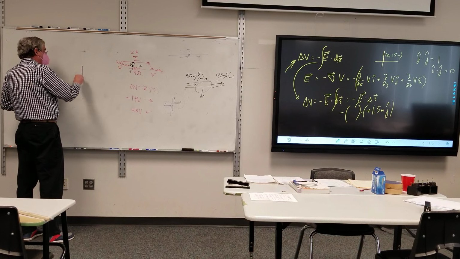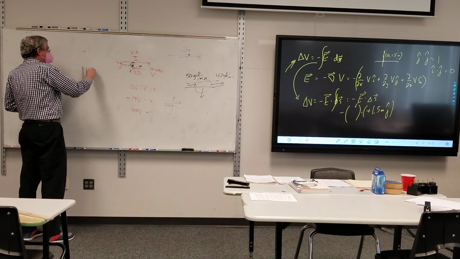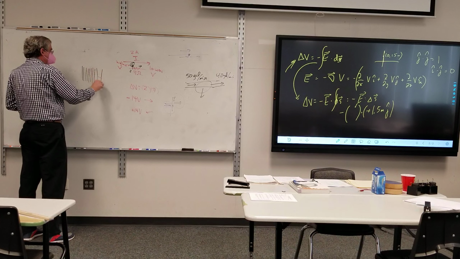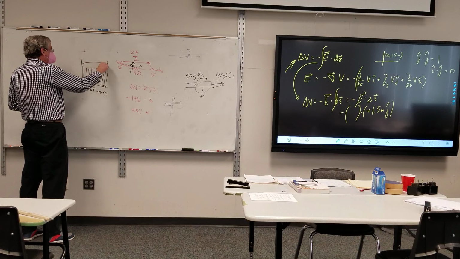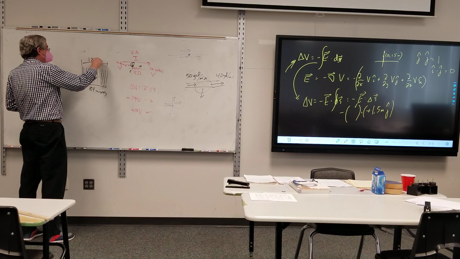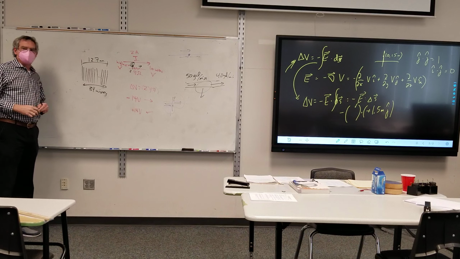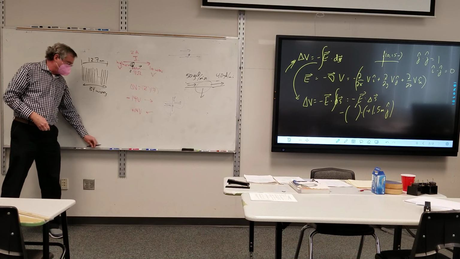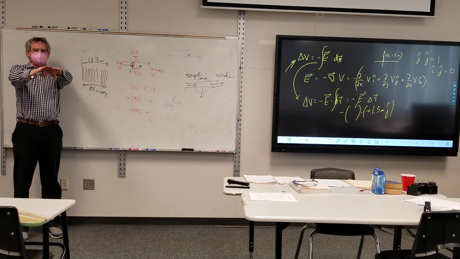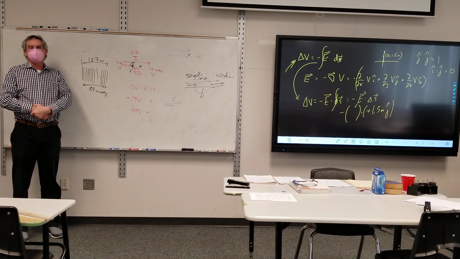So I've got a bunch of wires right here. 34 wires, 12.7 millimeters. Now these wires are touching each other, despite the way I've drawn it. The wires are right next to each other. So what would be the diameter of a wire?